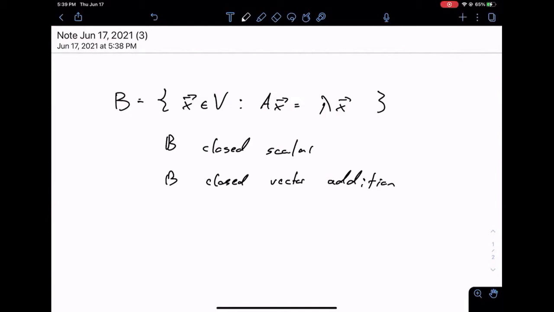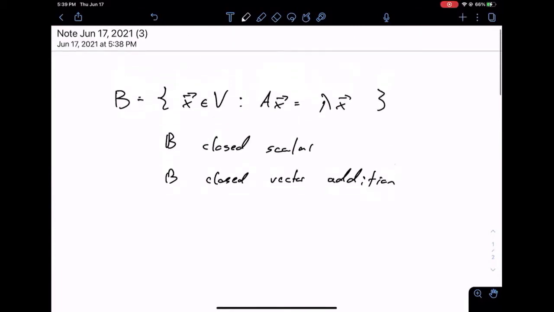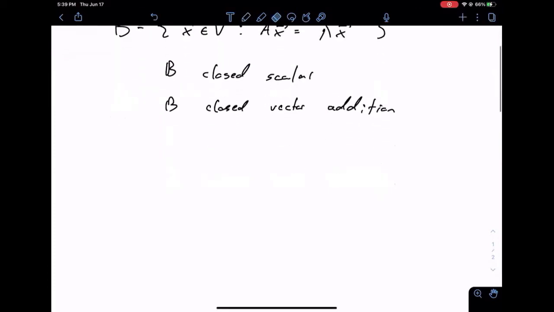The zero vector is in every set of this type, when I'm talking about eigenvectors. Think about A times the zero vector. That's the zero vector, right? Well, the zero vector is equal to lambda times the zero vector for any lambda.